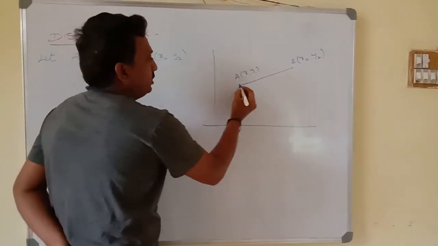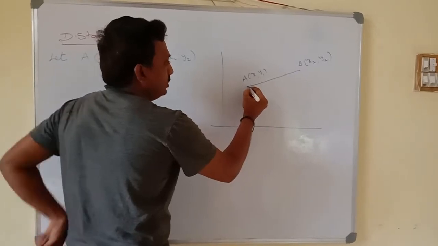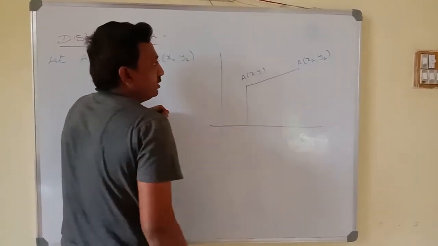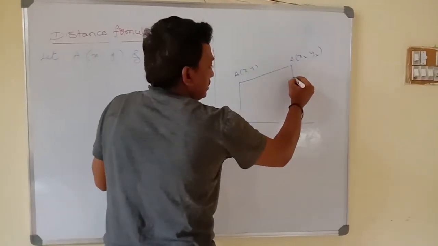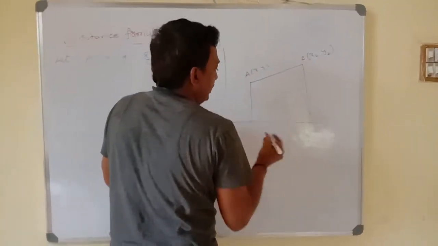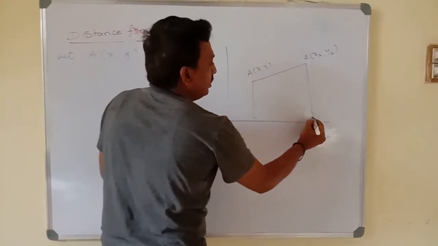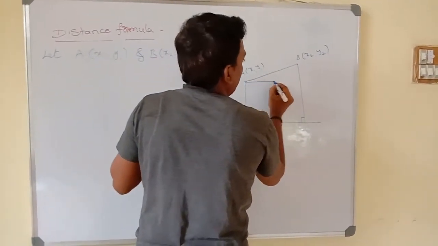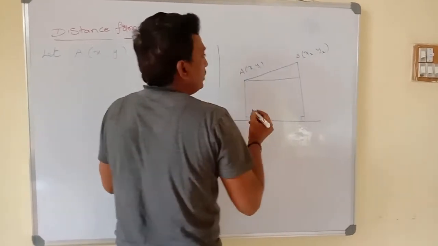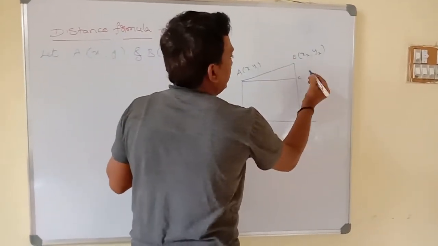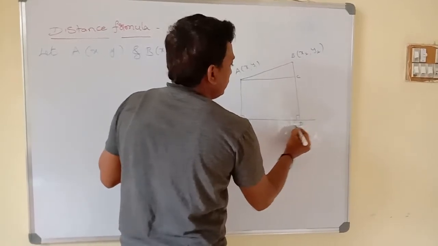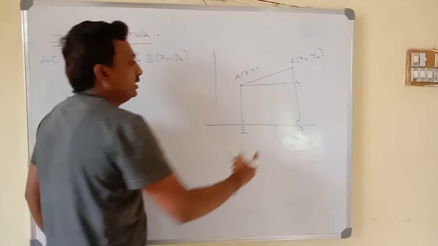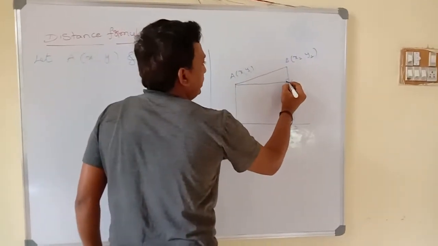Same concept as the previous example. Join the point A to the x-axis with a straight perpendicular line, and similarly for B. Join AB. Let this be C, this D, this E. It is 90 degrees, so this is also 90.